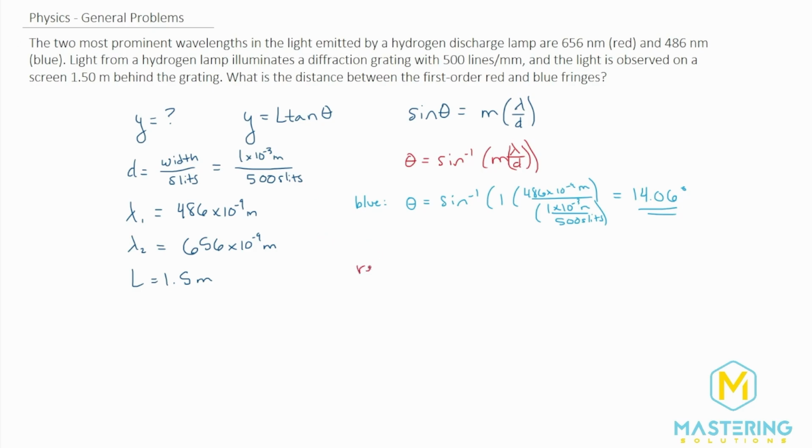If we do the red now, it's the exact same thing, only we're changing the lambda. So inverse sine, m of 1, only now our lambda is 656 times 10 to the negative 9 meters. All that is over d, 1 times 10 to the negative 3 meters over 500 lines.